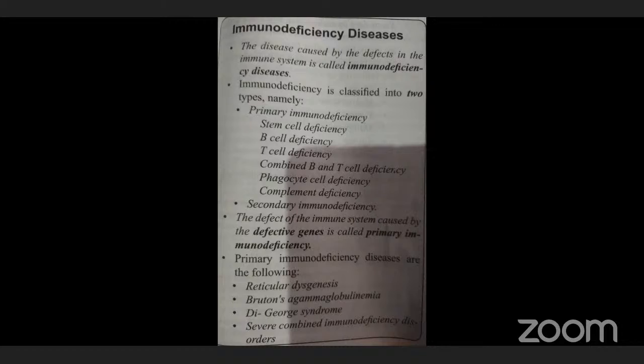Secondary immunodeficiency means a depression of the immune response caused by many factors other than genetic ones. It is not a genetic one. It is caused by factors like HIV and some viruses. AIDS is caused by HIV; that is an example of secondary immunodeficiency.